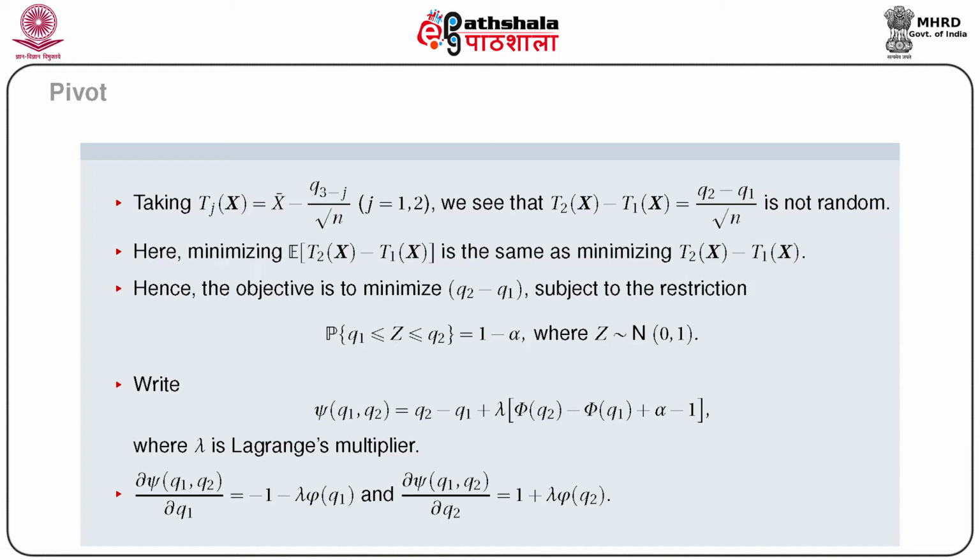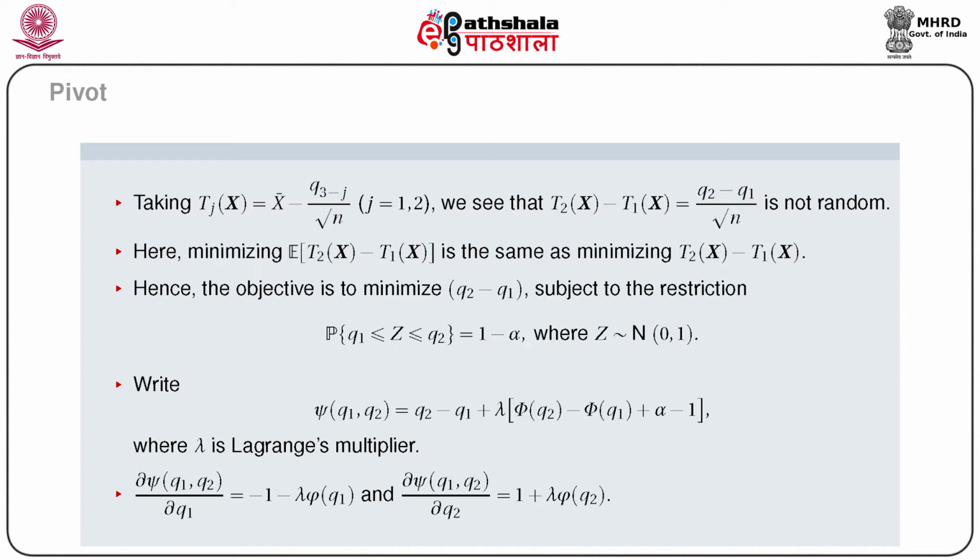Let us define a function psi of q1 and q2, which is equal to q2 minus q1 plus lambda times (F_Z(q2) minus F_Z(q1) minus (1 minus alpha)).